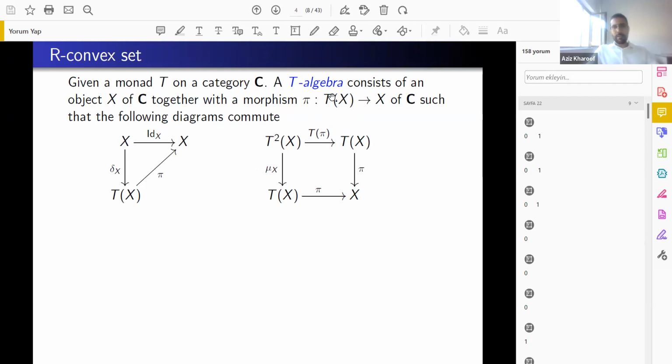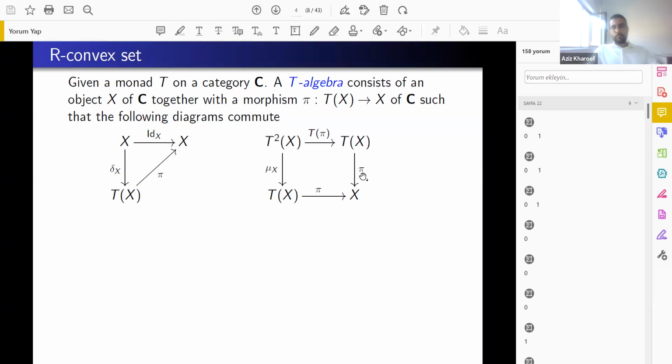By this we can define, for example, monoids, some algebraic structures, or convex sets, which we will do now. This map gives a specific structure for X. Actually, this has to be pi_X, not just pi, because it is specific for X. It gives the specific structure of X, the relations inside it.